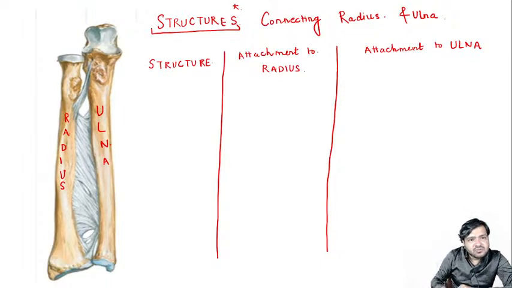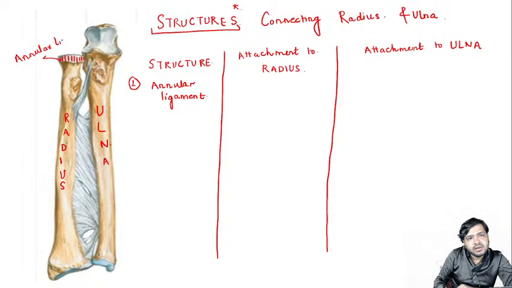तो सबसे पहला जो आप लोग को देखने को मिलता है, that is the annular ligament. Okay. So the very first structure that will connect the radius and ulna is the annular ligament.